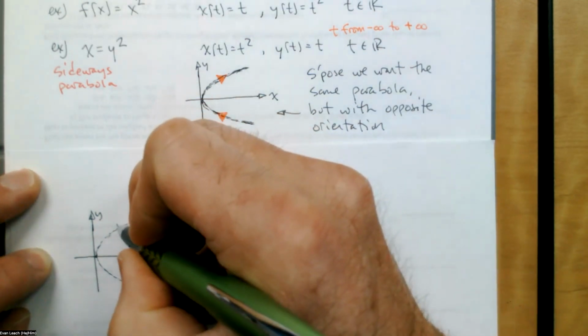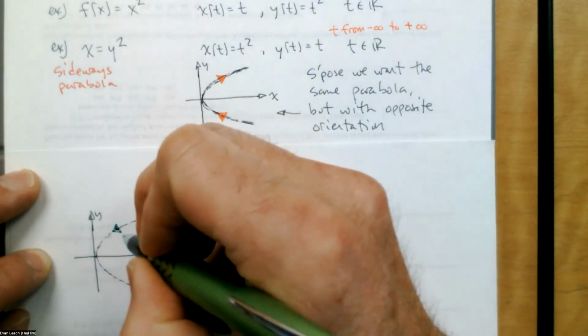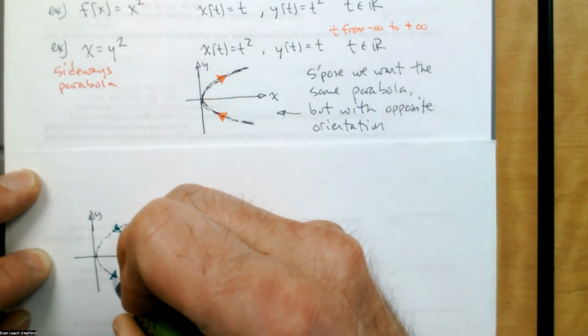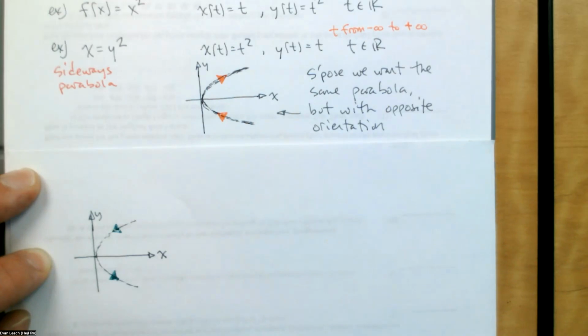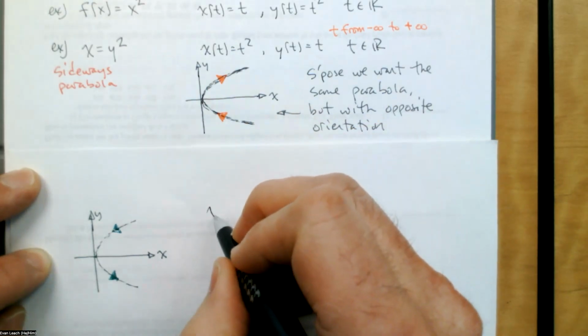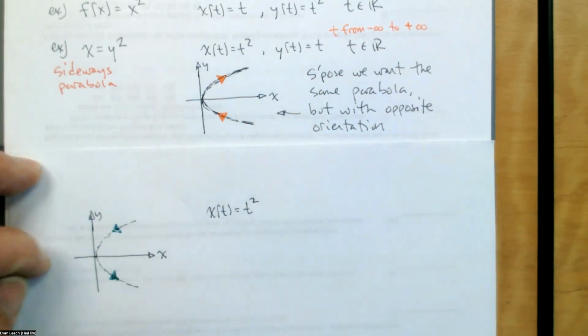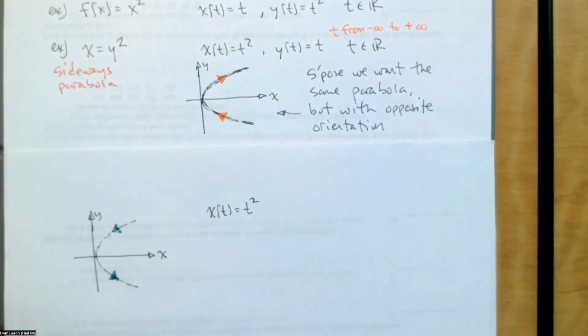Suppose that we want the orientation to go from top to bottom. So x of t is still t squared. All we have to do is change t. Since t goes from negative infinity to positive infinity, if I just want to change the direction, just change the sign of the input.